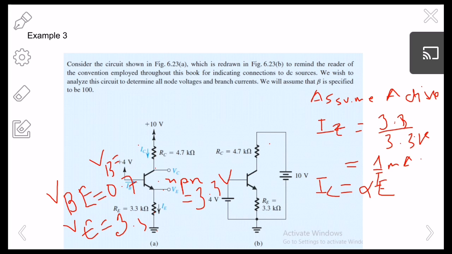If you recall properly, alpha is equal to beta divided by beta plus 1. That gives you approximately 0.99. So if you calculate this one, you can easily guess, 1 milliamp times 0.99 is 0.99 milliamps. It is simple math.